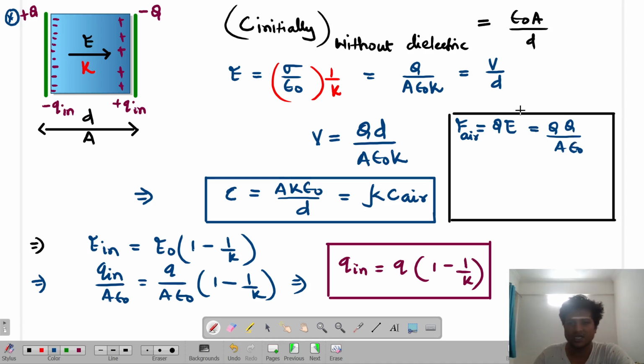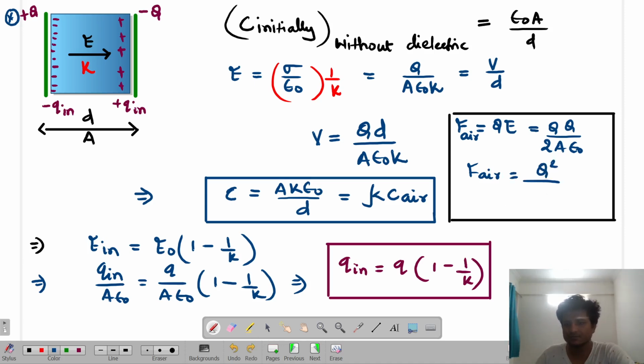But see, the total electric field is due to the charges on both the plates. So I need to divide by 2. I'll tell you once again.